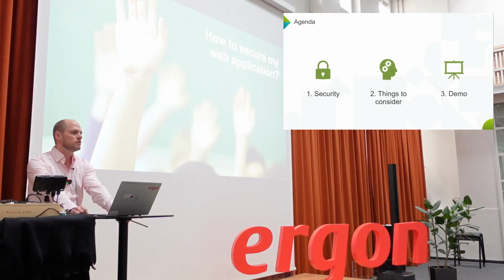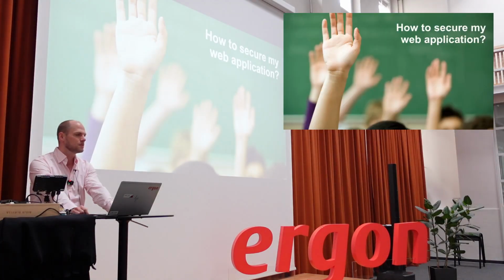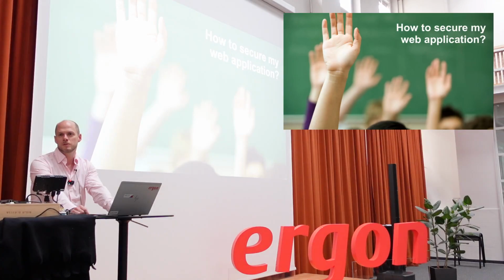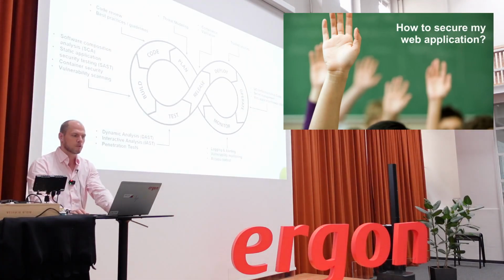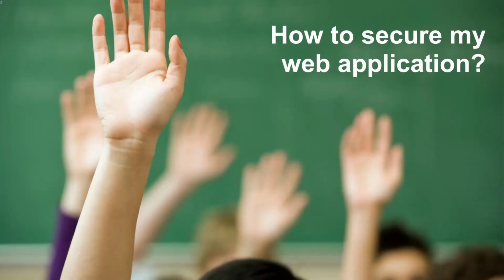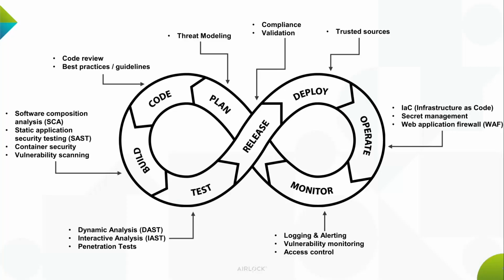If I would ask you how to secure the web application, I would get many responses from you. And I assume all of them would be correct. There are so many things you can do in all different kinds of phases in the DevOps 8, like scanning the images for what kind of vulnerabilities are in there. We have heard that in the other talk very well.